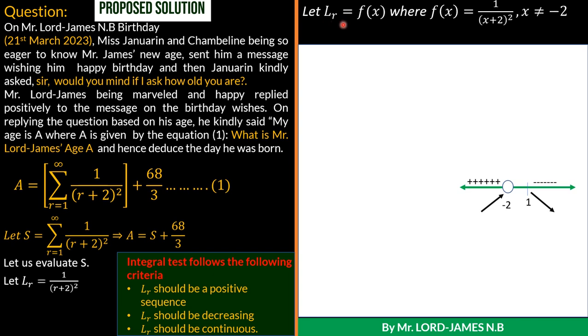So if I let L(r) be equal to f(x), where f(x) is equal to 1 divided by (x plus 2) all squared, we clearly see from here that x should be different from -2, because at this point this function will not exist, and this is a vertical asymptote to this function, and therefore it is a point of discontinuity. So we notice that since r here takes values from 1 right up to positive infinity, then necessarily x should be greater than or equal to 1, telling us that x can take values from 1 right up to positive infinity.